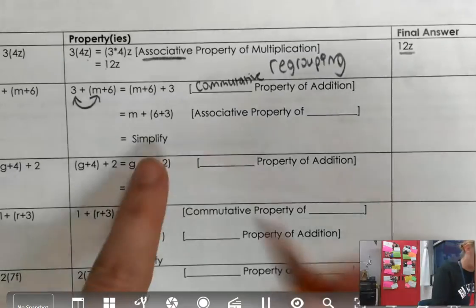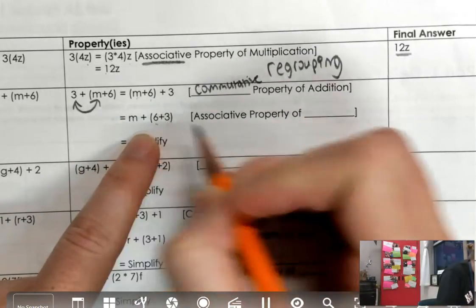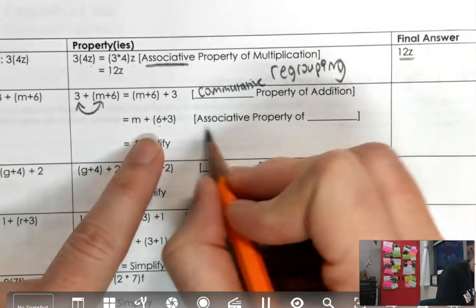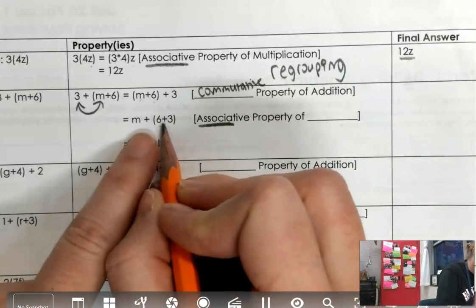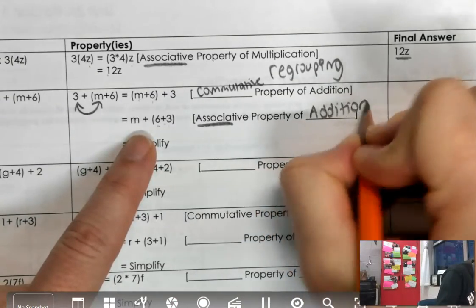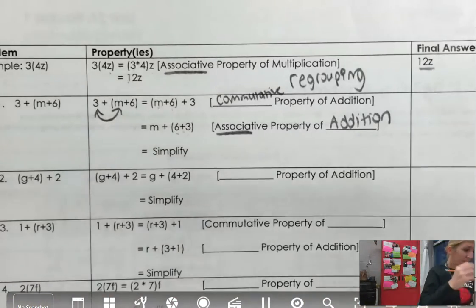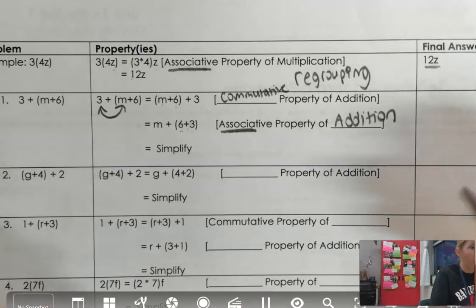Now we're regrouping. Instead of grouping the m and the 6 together, we're grouping the 6 and the 3 together. So remember, that's associative property. And then are we doing addition or multiplication? This looks like addition. And essentially what we're doing here is something you've done before, combining like terms. Distributive property and combining like terms, right?